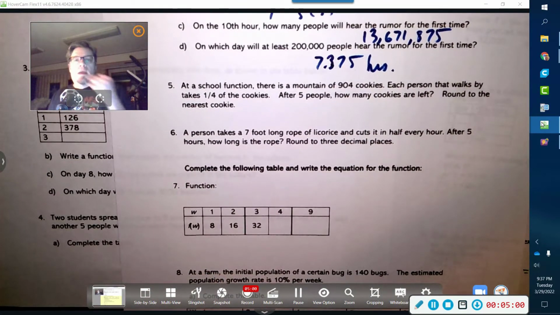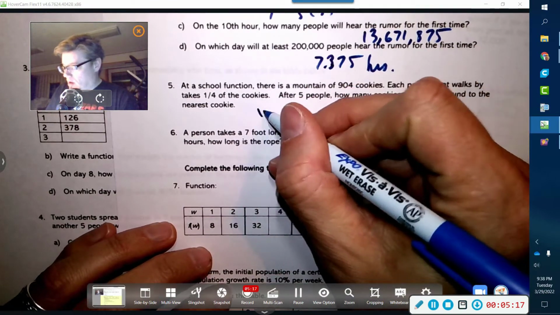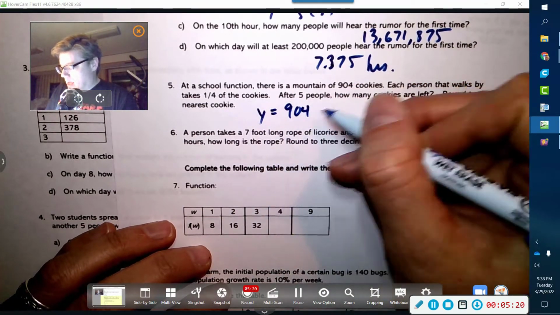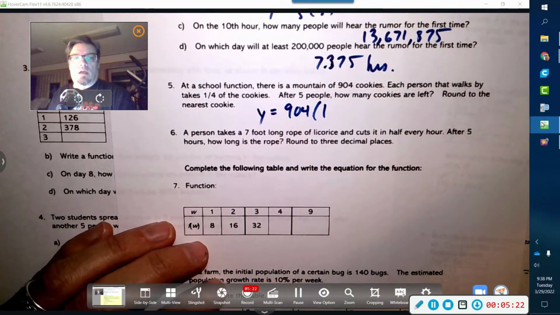All right. Okay, number 5. At a school function, there was a mountain of 904 cookies. Each person that walks away takes a quarter of the cookies. All right, so it's basically the amount of cookies is depreciating, right? You start off with 904, and you're actually losing a quarter, right?